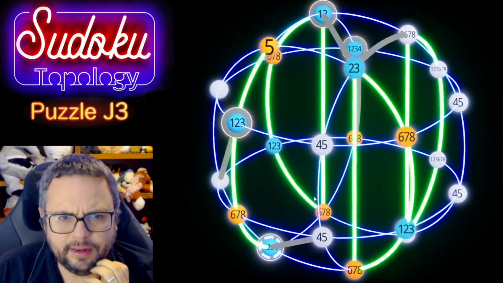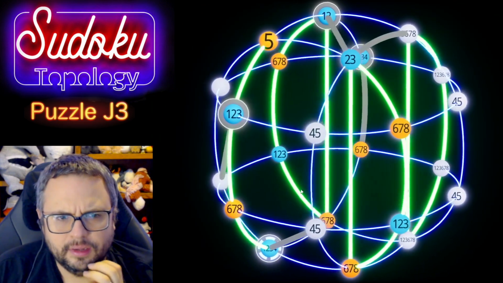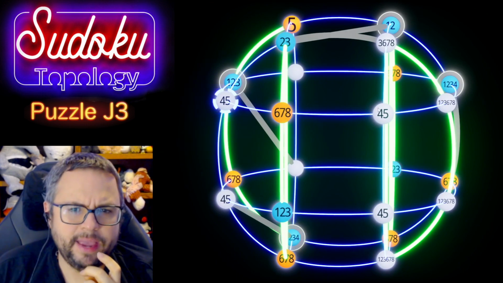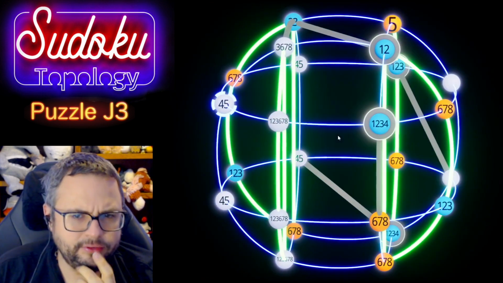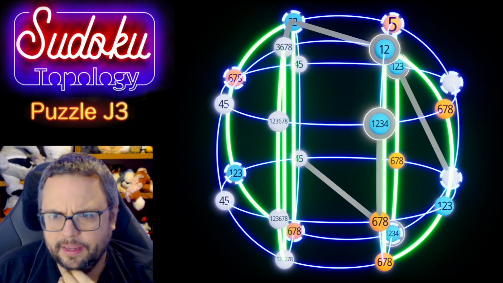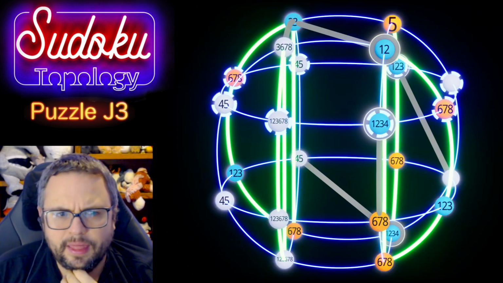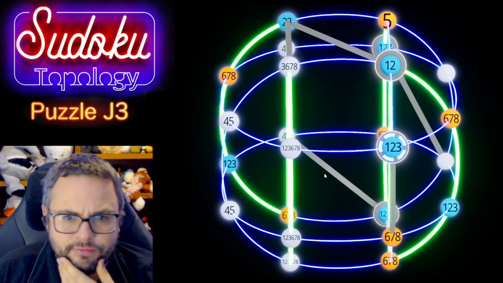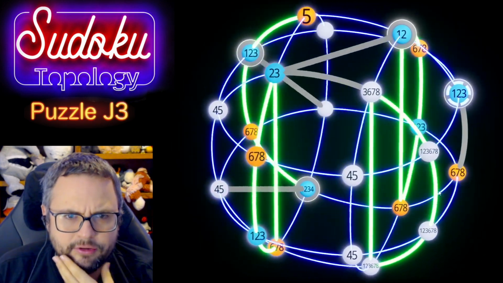Let's see, I've got several low numbers. Oh, I have a 4-5 pair. There we go. I have a 4-5 pair in this ring. I think you know which one I mean, but it's that one has a 4-5 pair in it. So this actually definitely isn't a 4. That might do something.